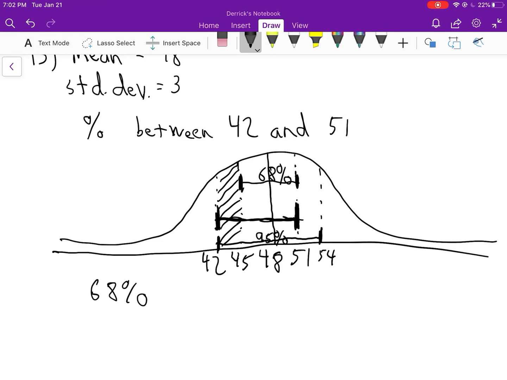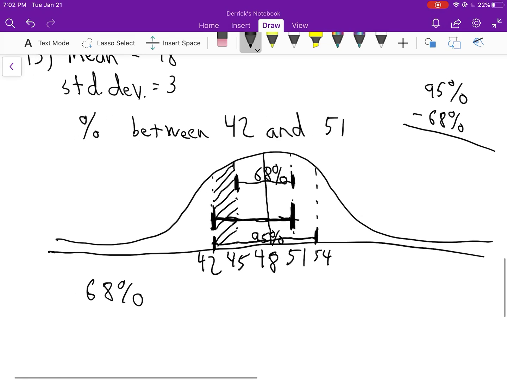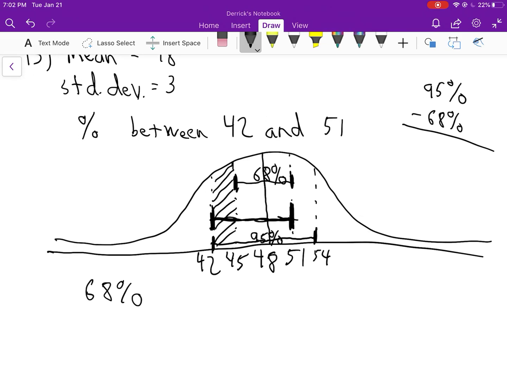Well, if I know that from 42 to 54 is 95% of my data, and I know that 45 to 51 is 68%, I just need to subtract 68 from 95, and I'll know what 42 to 45 and 51 to 54 are, meaning from here to here and from here to here.